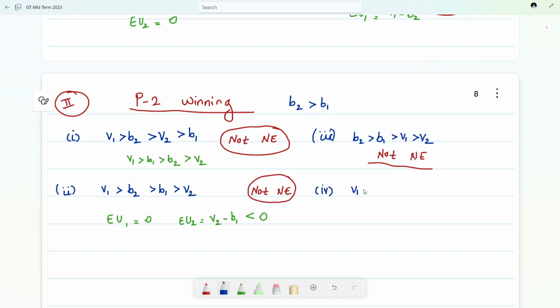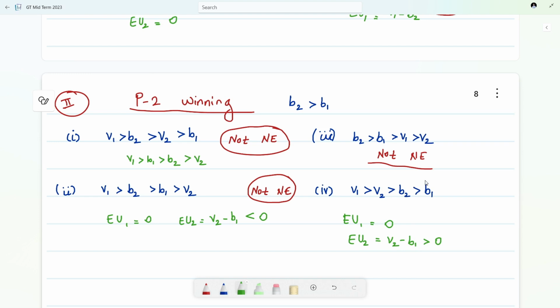Here V1 is greater than V2 is greater than B2 is greater than B1. Now what will happen? So expected utility for player 1 will be 0. Expected utility for player 2 will be V2 minus V1, and this is now greater than 0. But what can player 1 do?